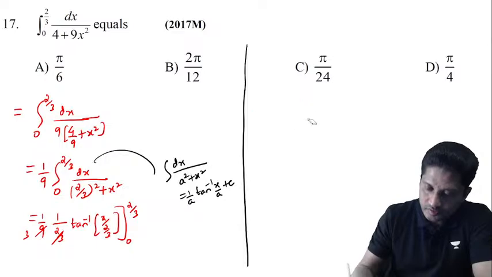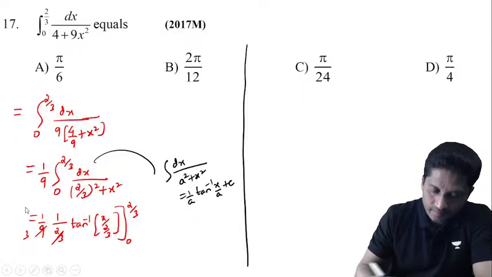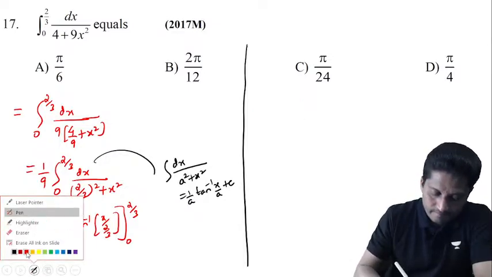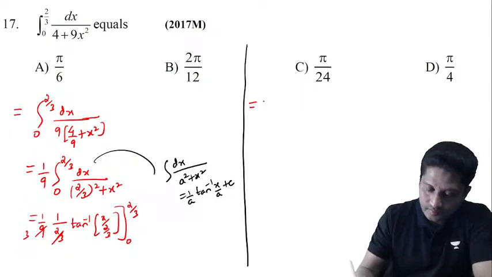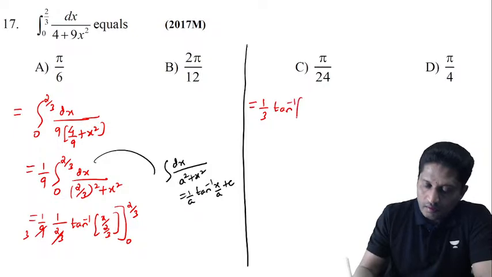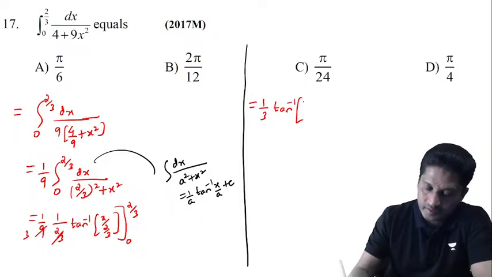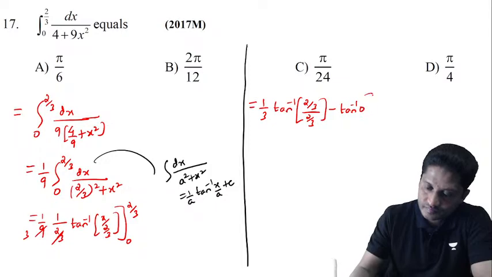Now if I substitute, this is 1 upon 3 tan inverse of, if you substitute upper limit 2 by 3 by 2 by 3, minus lower limit is tan inverse of 0. Tan inverse of 0 is 0.